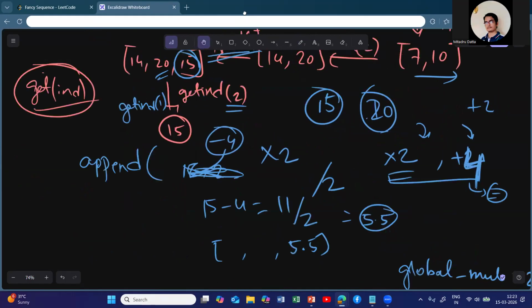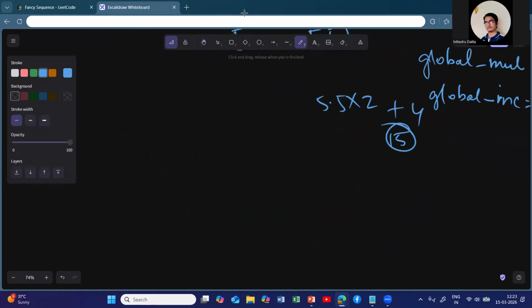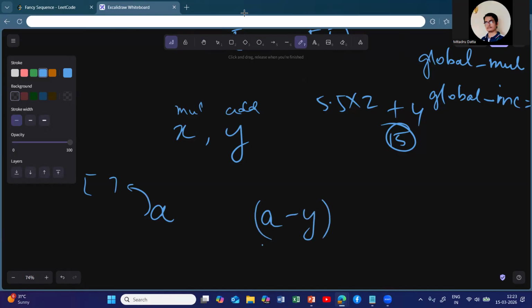Okay, so the thing is that, let's say the global multiplier is x and global adder is y. So when a value, let's say a, is to be appended to the data structure, then what you do, instead, you know that this is the multiplier and this is the adder, right? So you do a minus y, okay, divided by x.